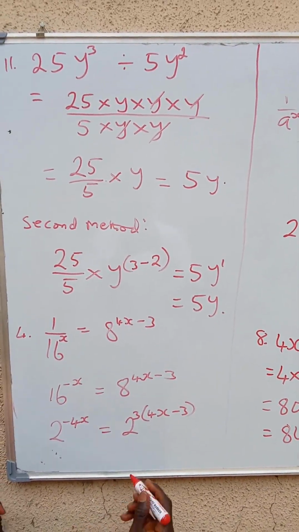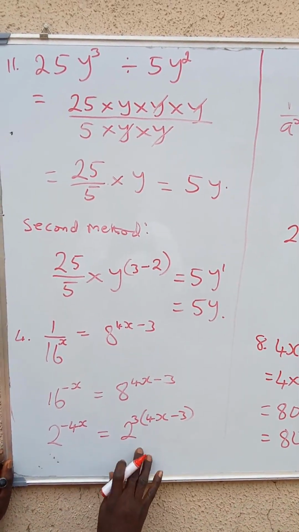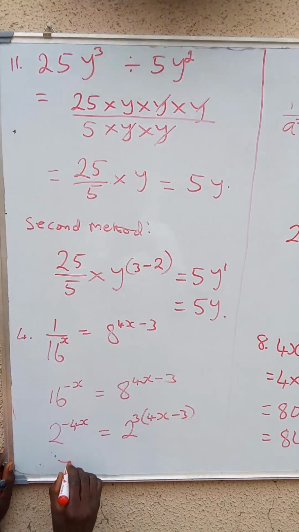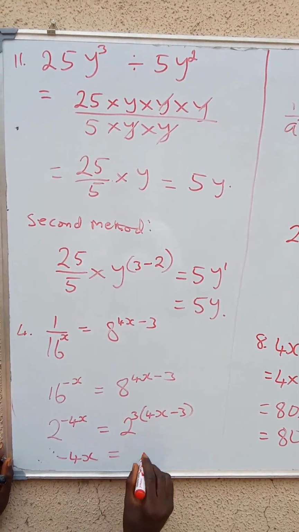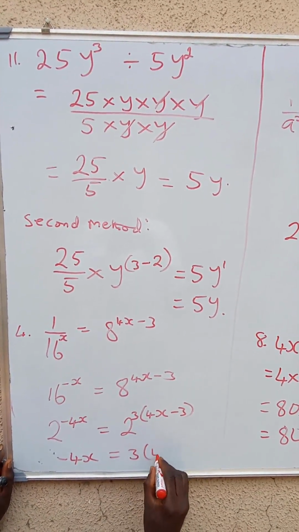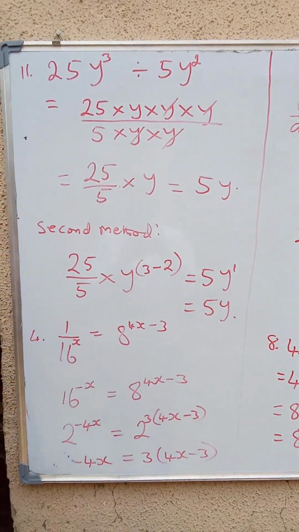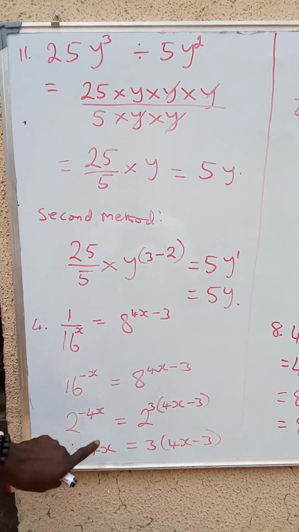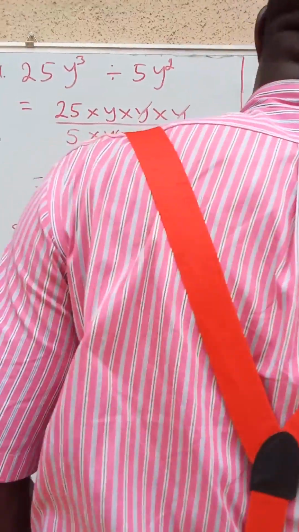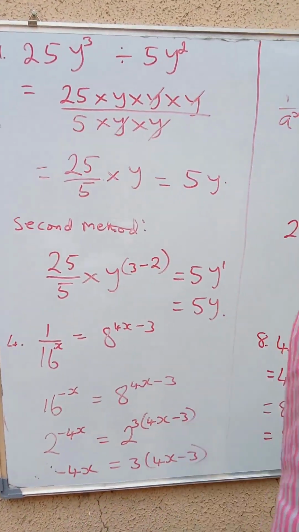So, coming to this very one, since the bases are the same, I will equate the power. That means minus 4x is equal to 4x minus 3. I've equated the power. Since the base here is 2, the base here is 2.